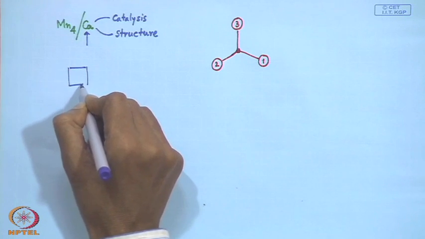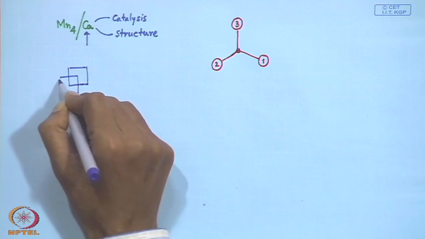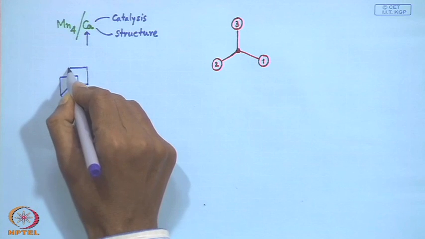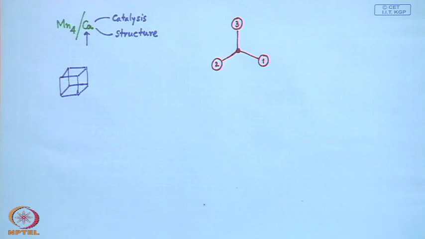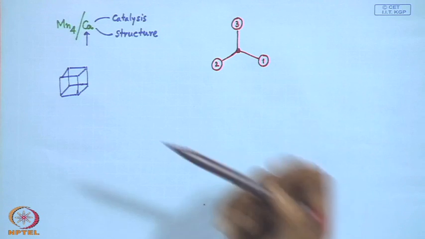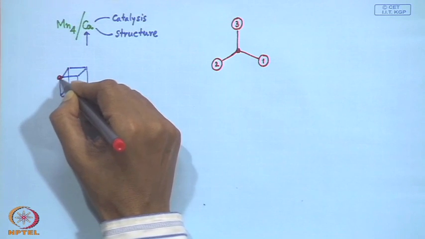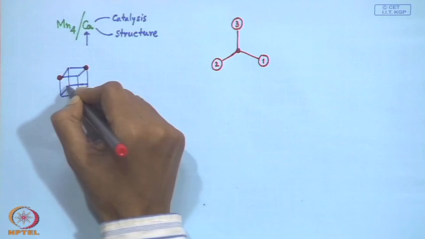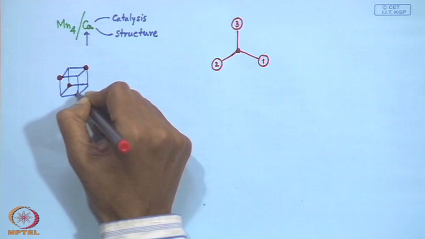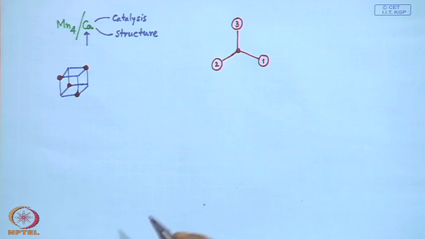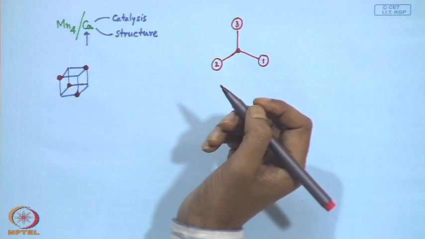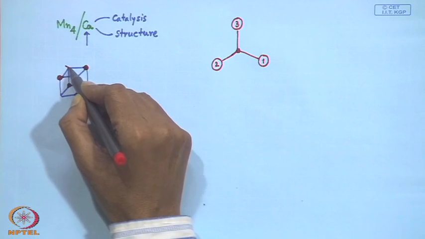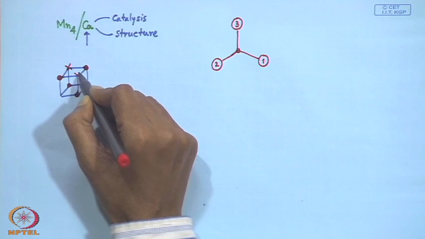So, the mu3 group is there, in a cube type of arrangement, where all the alternate corners are occupied by the metal centers. If it is a 4 metal unit, it can be your ferredoxin Fe4 or this water evolving center Mn4. So, these are the 4 metal centers, and these other groups are your bridging groups.